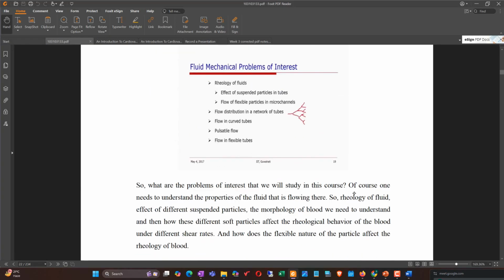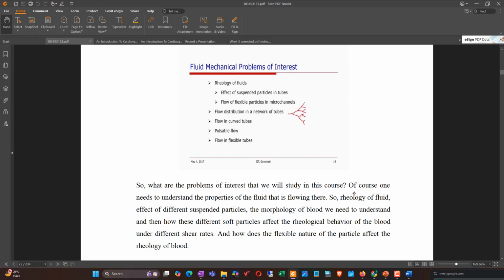The fluid mechanics problems of interest: there is flow in a curved tube, pulsatile flow, and flow in a flexible tube. All these have been discussed in this entire course, right? Flow distribution in a network of tubes, and the rheology of the fluids.